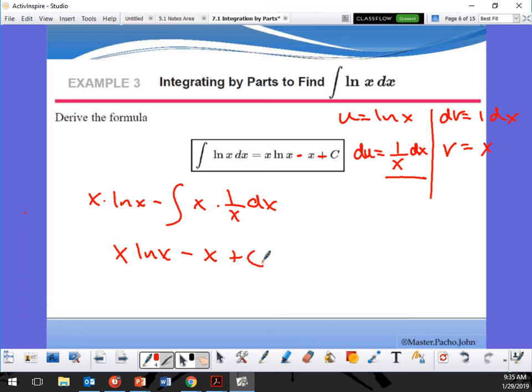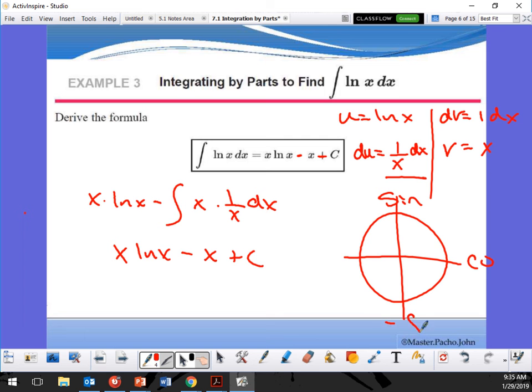Mr. Tacho, what's the integral of sin x? What's the integration of sine? Okay, so if I draw my circle, remember we had this as a derivative circle, so it's sine here, and cosine, and negative sine, and negative cosine, right? A derivative goes clockwise.